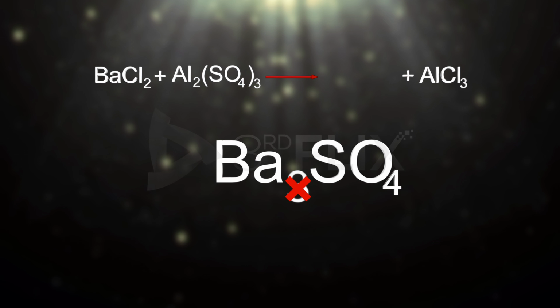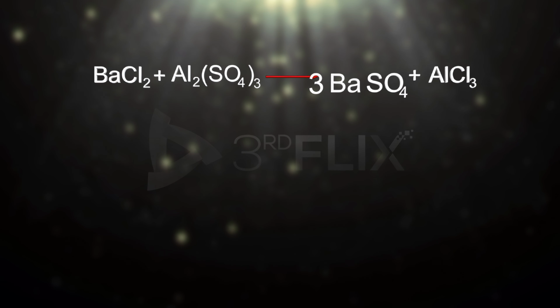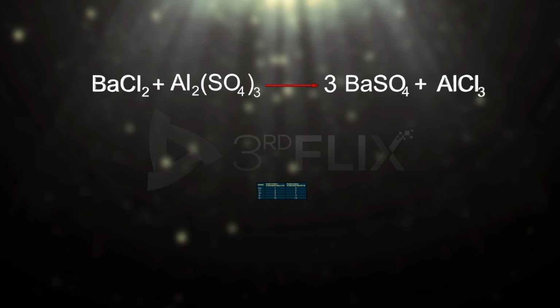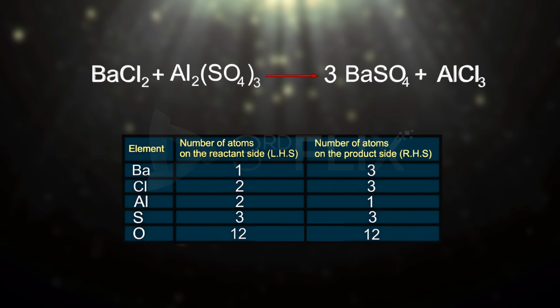It should be kept in mind that 3 is written as a coefficient but not as a subscript. Now the equation becomes BaCl2 plus Al2(SO4)3 gives 3BaSO4 plus AlCl3. Again, compare the number of atoms of the various elements present in the chemical equation.